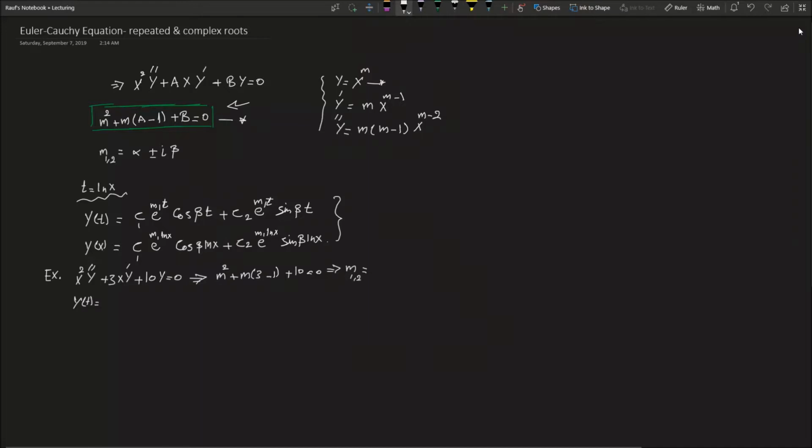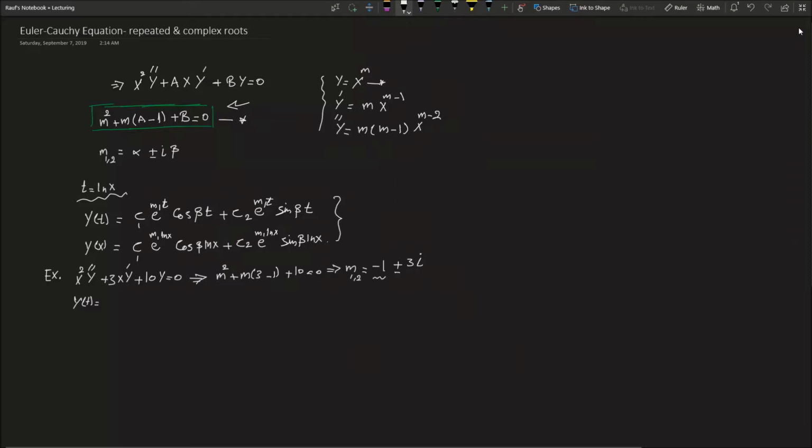so if you try to solve it, you will have minus 1 plus or minus 3 multiplied by i.